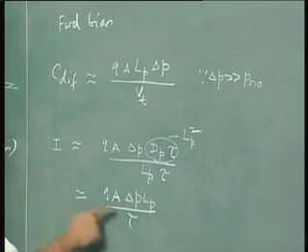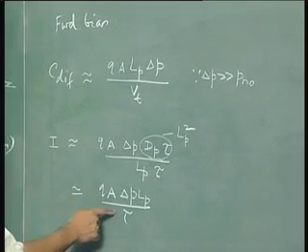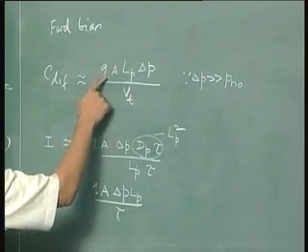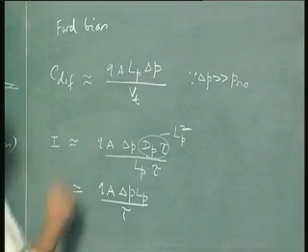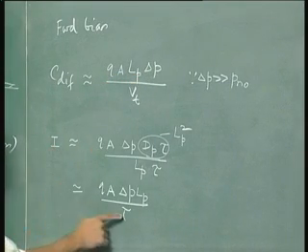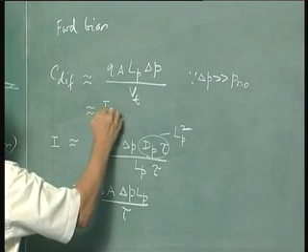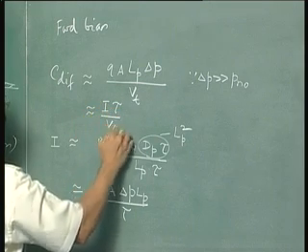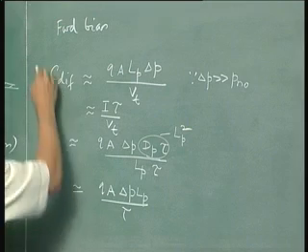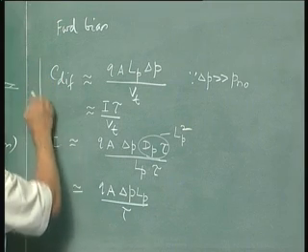So from this equation of the forward current, it is clear that you can write the numerator Q A LP delta P as I into tau. So this is equal to I tau upon Vt. So this is the formula for the diffusion capacitance.